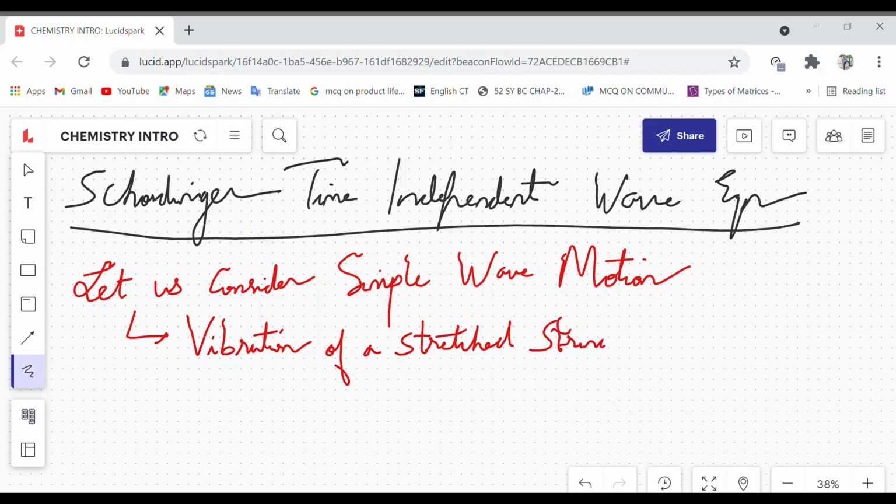So what I wrote, let us consider a simple wave motion just like the vibration of a stretched string.